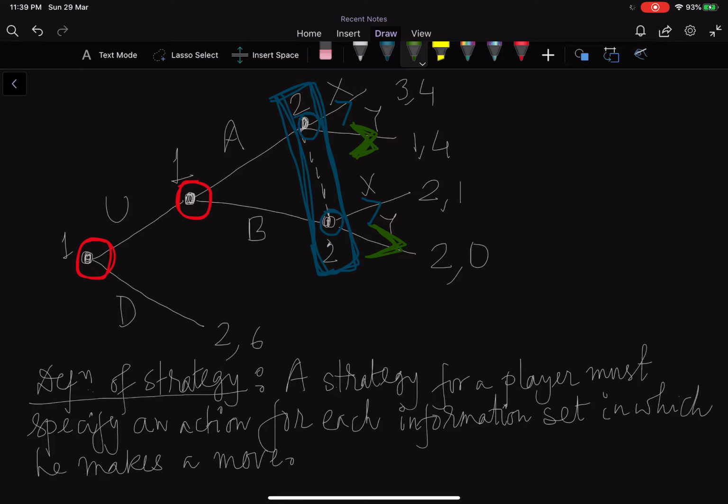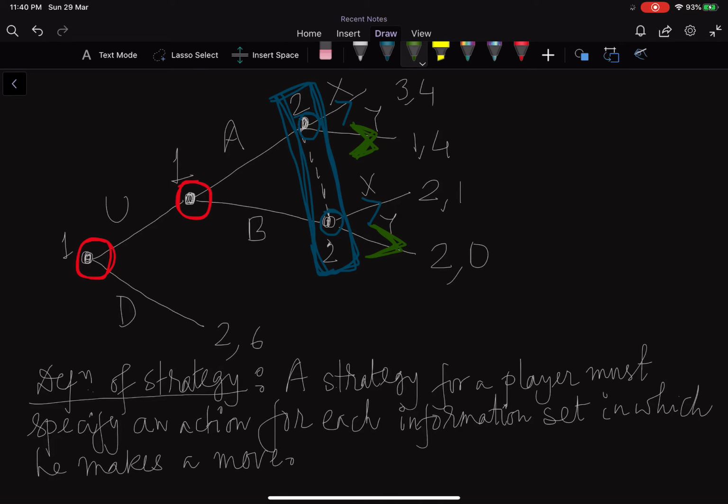Now that we have defined strategies in games where we cannot apply backward induction, let us discuss how we would apply the concept of subgame perfect Nash equilibrium in these kinds of games, because the equilibrium concept that we still want to apply is subgame perfect Nash equilibrium.